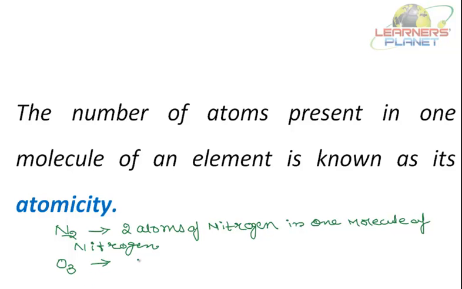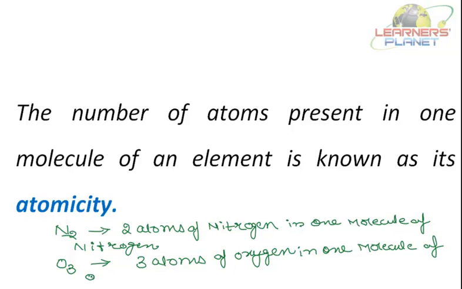O is the symbol of oxygen. So how many oxygen atoms are there in ozone? 3 atoms of oxygen in one molecule of ozone.